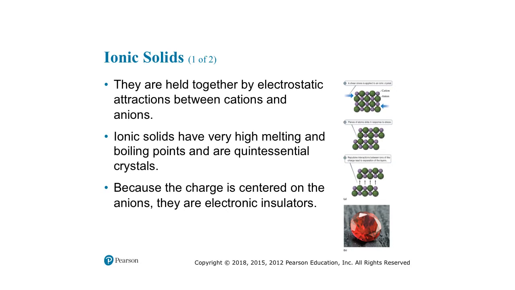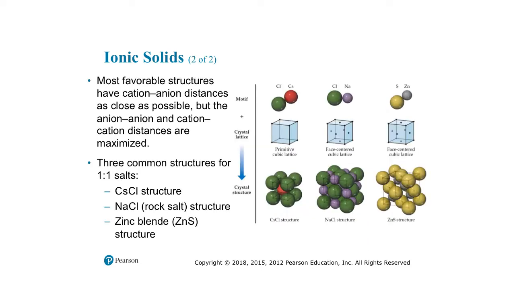So there's really no easy way of picturing ionic solids as conductors of electricity, and so they don't conduct electricity. That just means they behave more as insulators than as conductors.